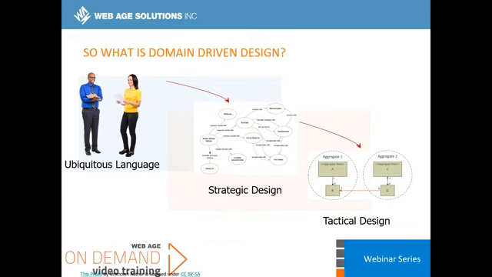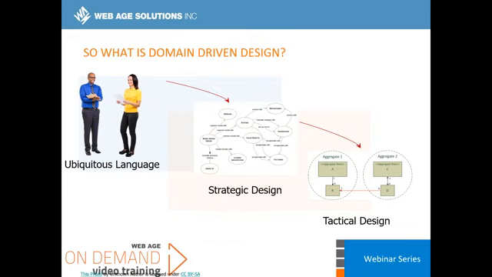So business and dev working together to define a common language for describing and implementing a solution to a business need. So the solution takes on the characteristics of the business when we have input from those subject matter experts and from the various business stakeholders.